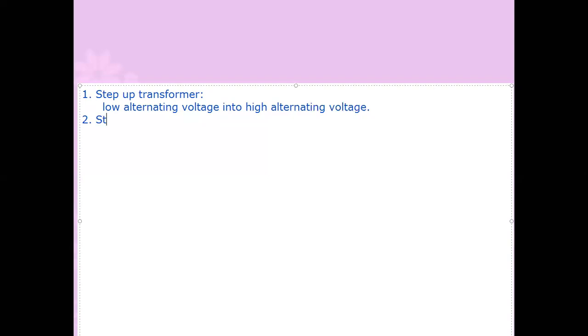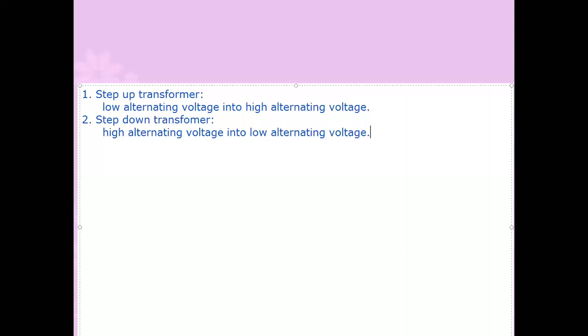The second one is step down transformer. So this is opposite to the step up transformer. It is converting high alternating voltage into low alternating voltage.